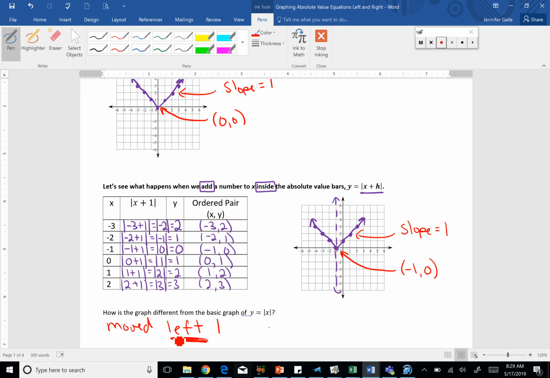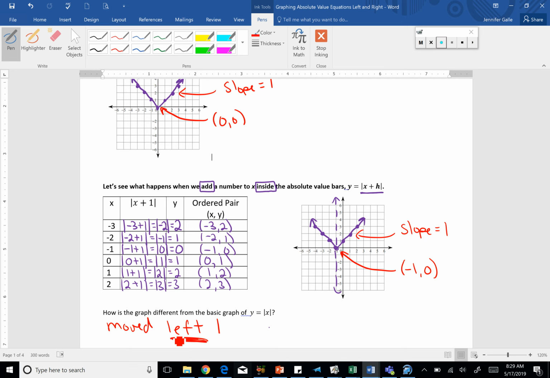And when we did the addition piece, we graphed it with the lines, and we're seeing it now with absolute value. Addition moved left. When I added a number inside those bars, it went left. We just made the table, and that computation looks great. We didn't make a mistake on the computation, and when we graphed those ordered pairs, our graph moved left. So I'm not just asking you to buy into what I'm telling you. We did it and we saw it.